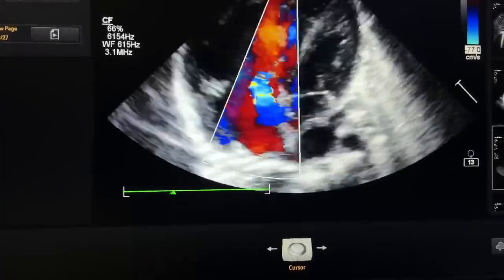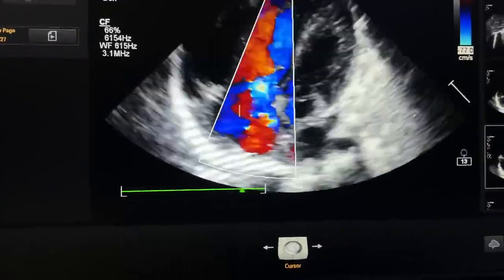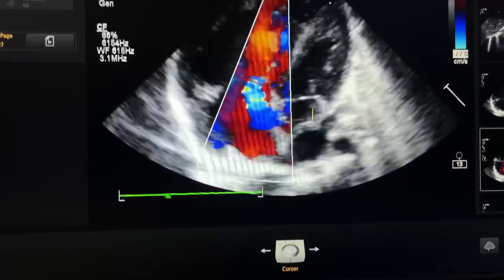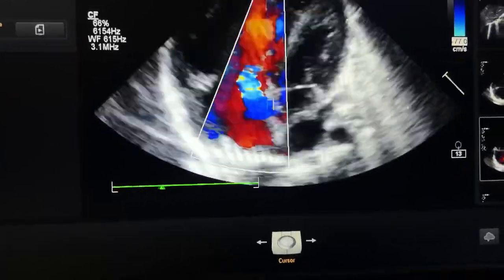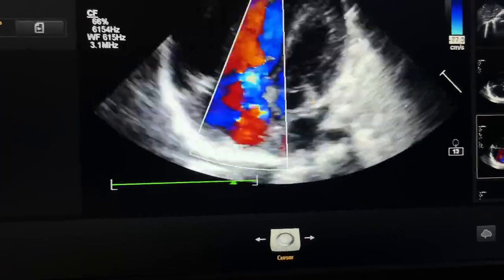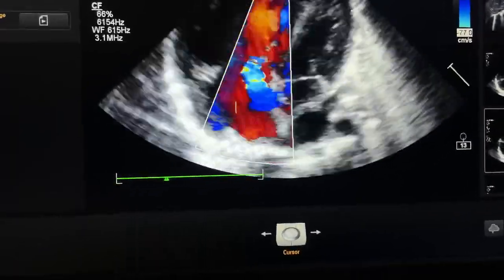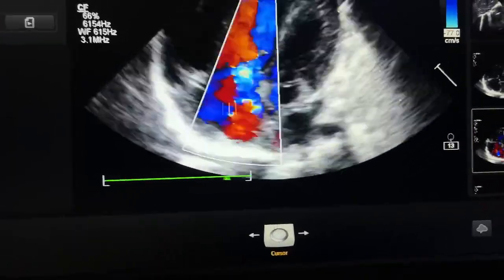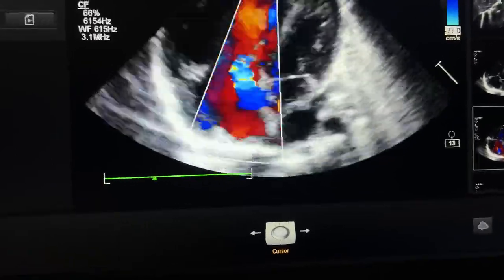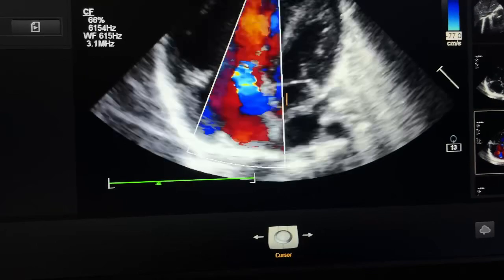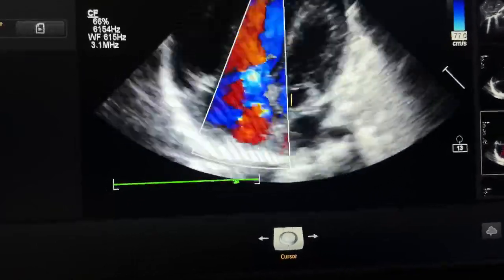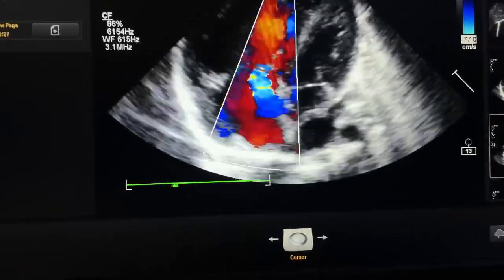Normally the flow is from right atrium into left atrium, because the left atrium receives blood only from the right atrium, because it does not receive any pulmonary vein, so blood has to come from the right atrium into the left atrium. So flow has to be right to left in ASD in case of total anomalous pulmonary venous connection.